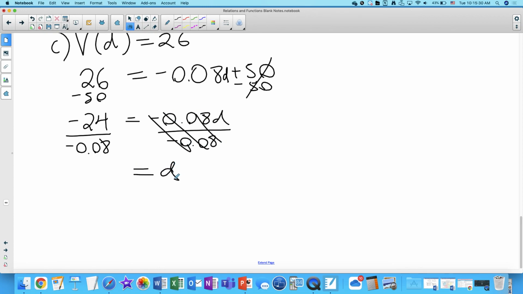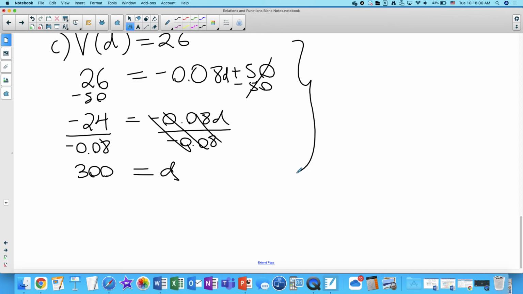Okay, so how can we put this into words? What's a description of what's going on here? Essentially, we have V of D equals 26. And we found out that D is 300. So if we were to put this into a point, we could write V of 300, because that's what D equals 26.